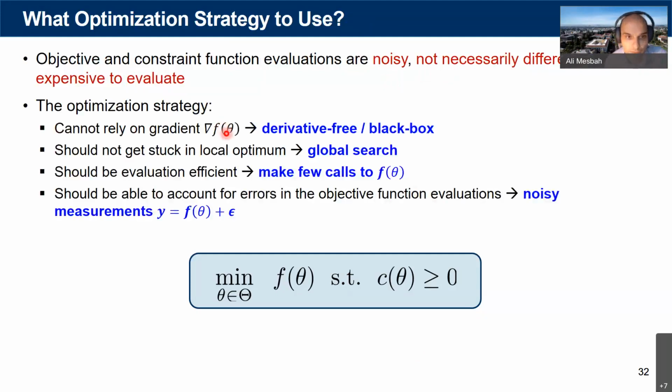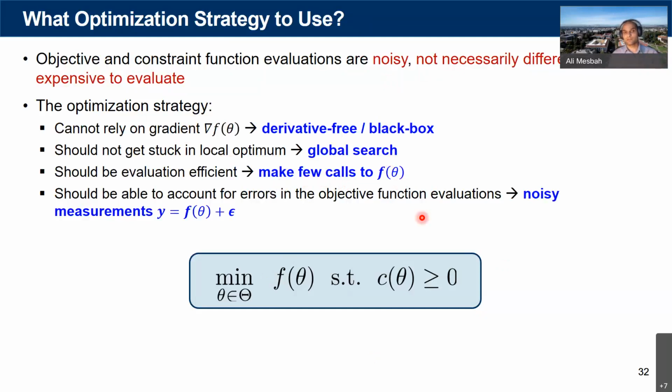So therefore, the optimization strategy that we want to use to solve this problem should be derivative-free, right? Why? Because again, your performance measures are black box, so we don't have the gradients. Ideally, we want to search for the global optimum. Since these function evaluations are expensive, we want to make as few calls for computing these functions as possible.